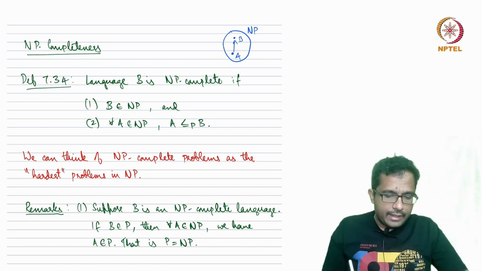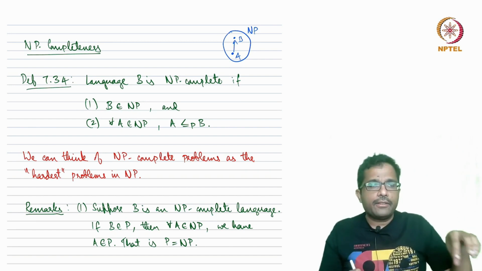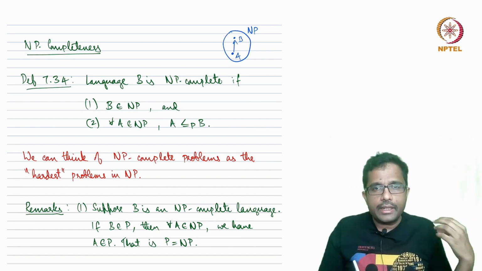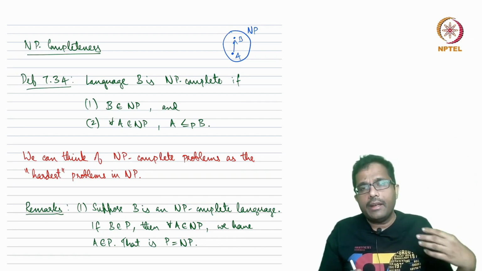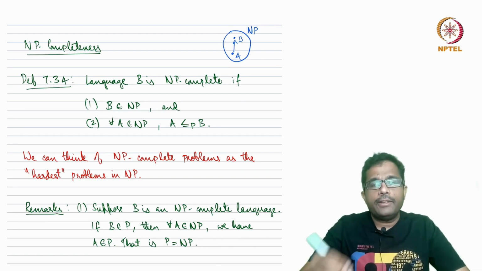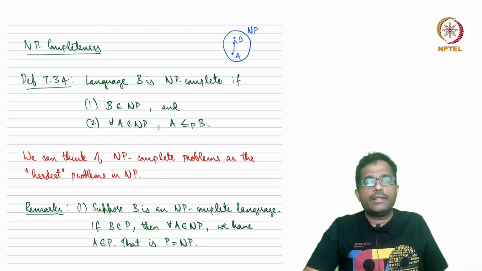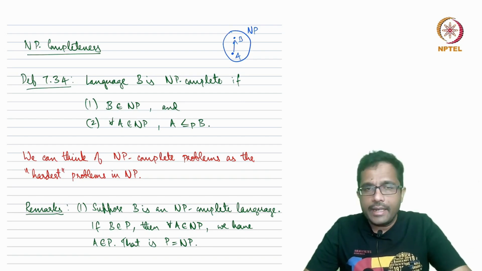This means that if you can decide B, then we know that all the languages in NP are reducible to B. So if we can decide B, then indirectly that gives a way to decide any language A that is in NP.